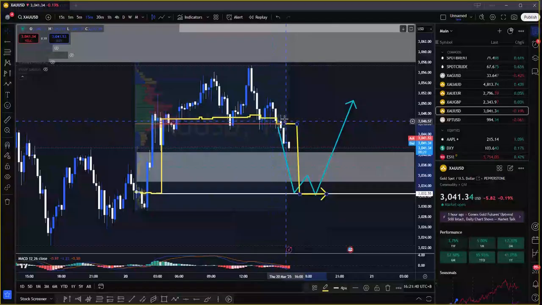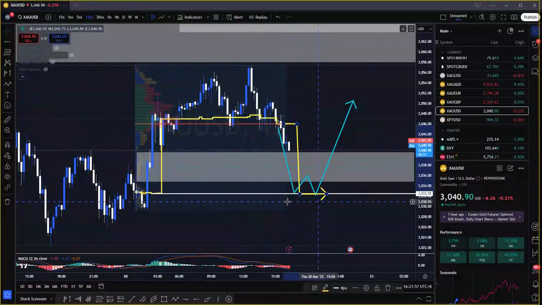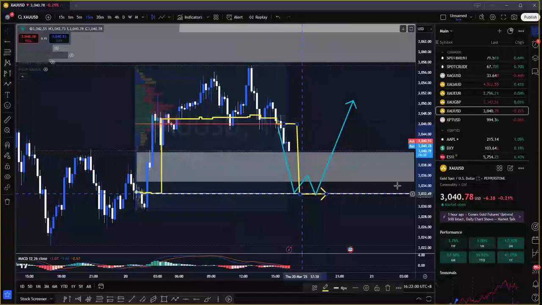Okay, so what this means is that anyone who was selling here, for us to have this POC come down back to this level of support, we want the sellers to be getting out of the market, right? They have to be either closing their positions, and buyers absorbing that sell, right?